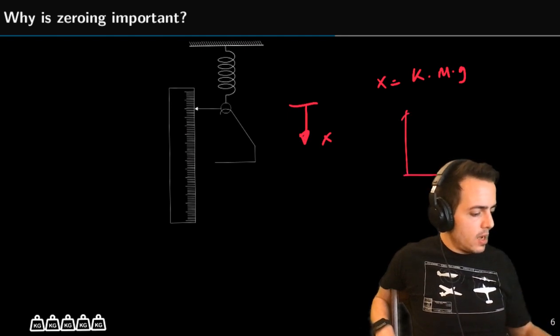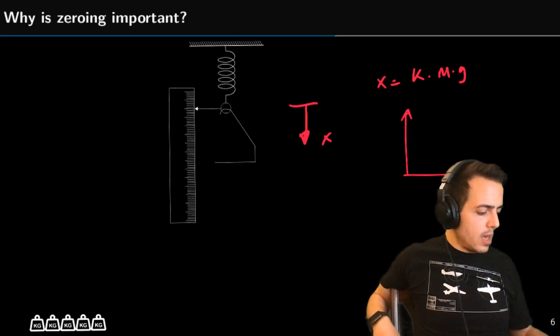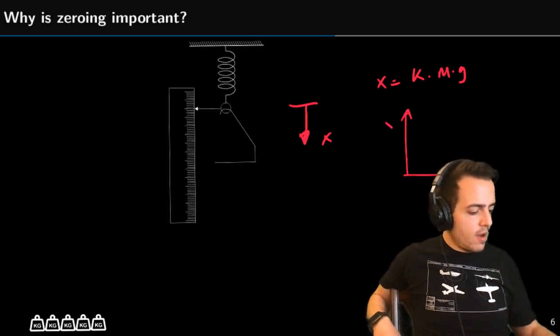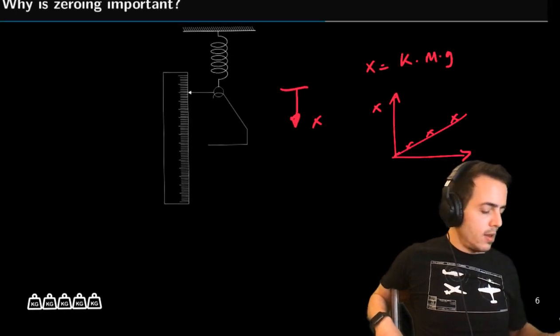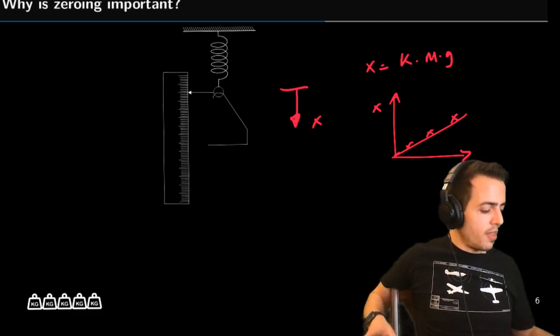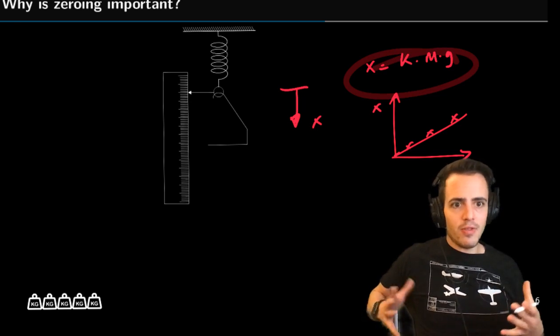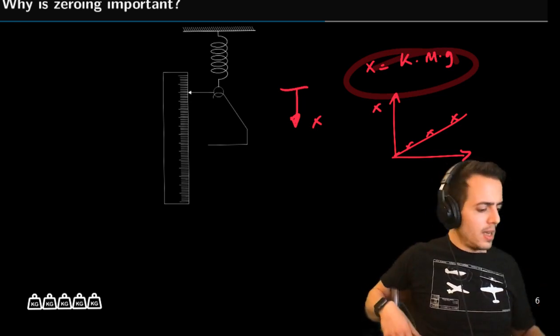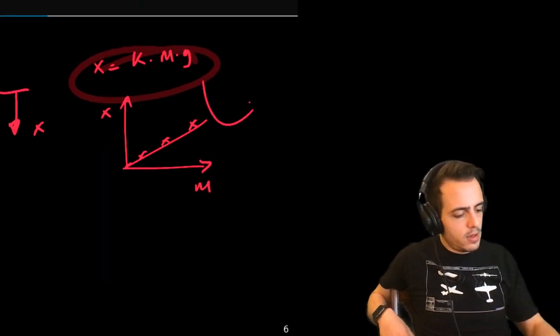So let's have a look here. Let's say the thing that we care about on the bottom is mass, and we then have our displacement along the side, we would expect our relationship to look like this. This isn't so much about zeroing, it's just another thing to be cognizant of, which is have an idea of what your relationship is for your transducer before you go in and do an experiment.